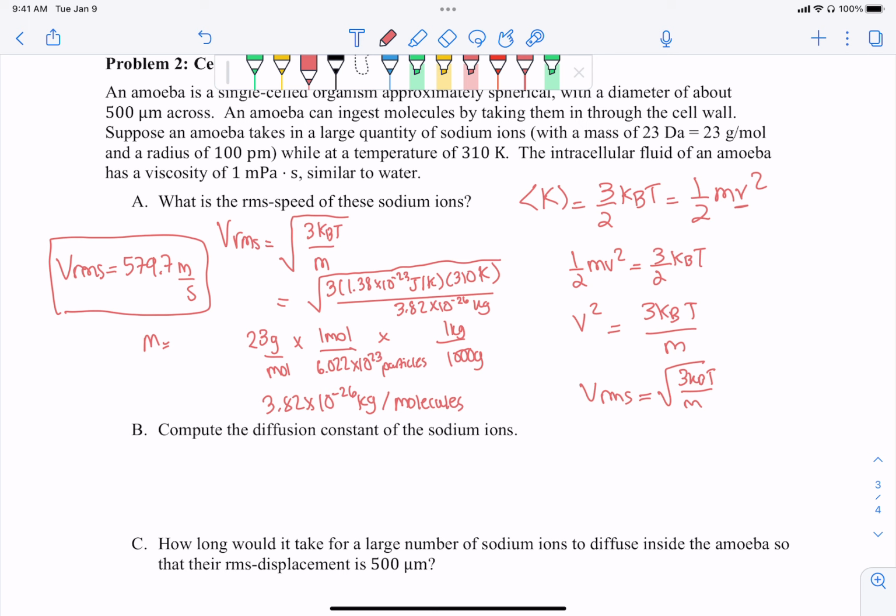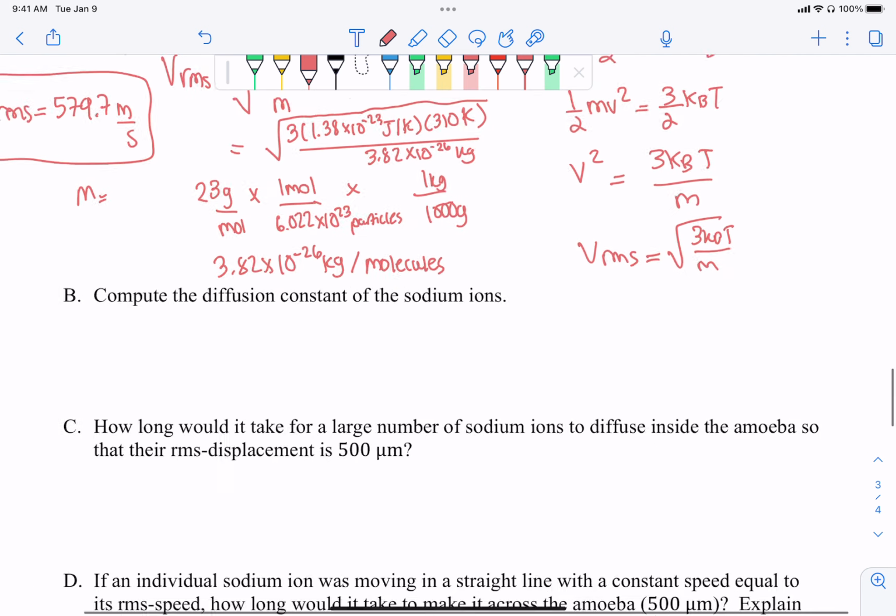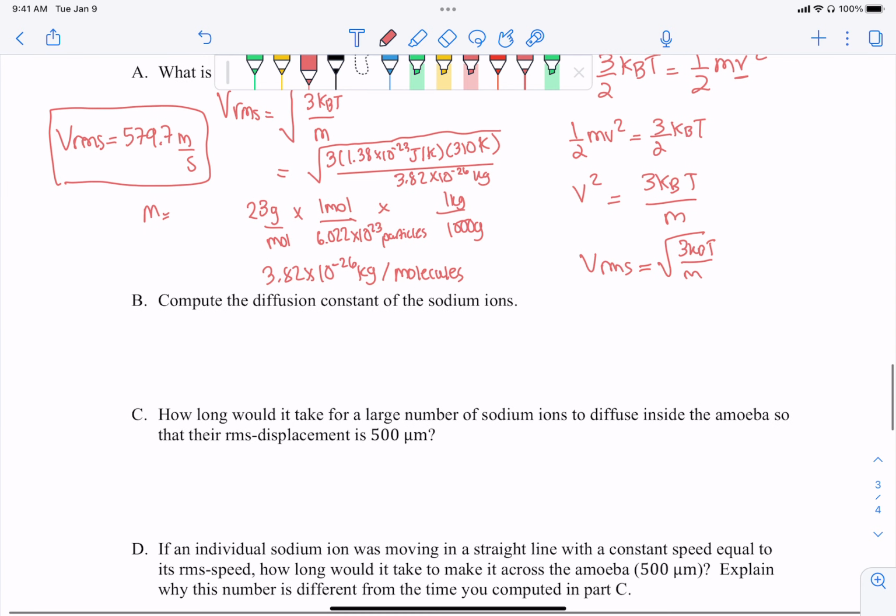But yeah, that's part A. If there aren't any other questions about part A, we can move on to part B. Part B is now asking us to figure out the diffusion constant. Someone mentioned the equation earlier.